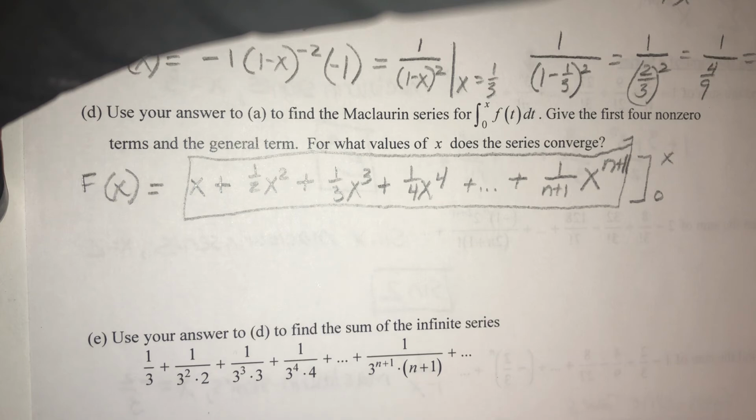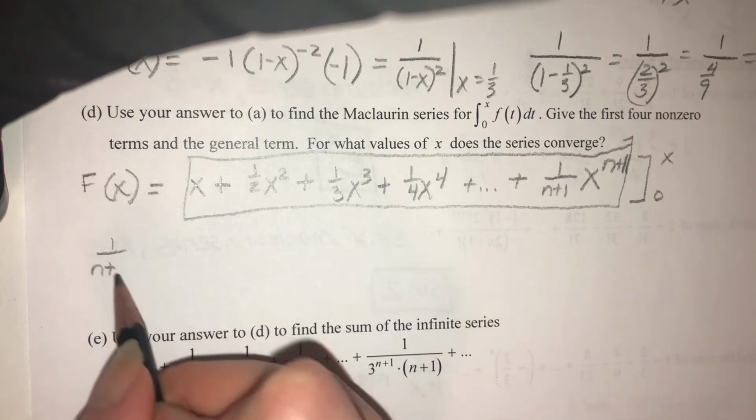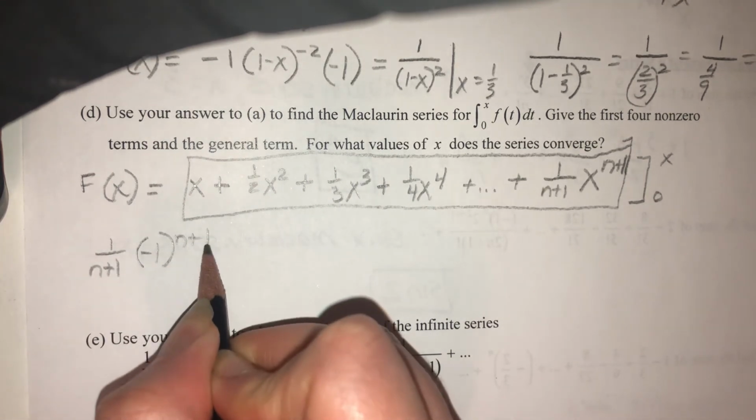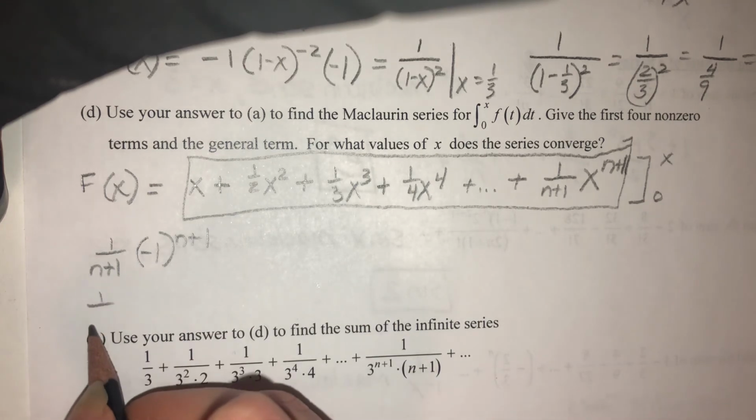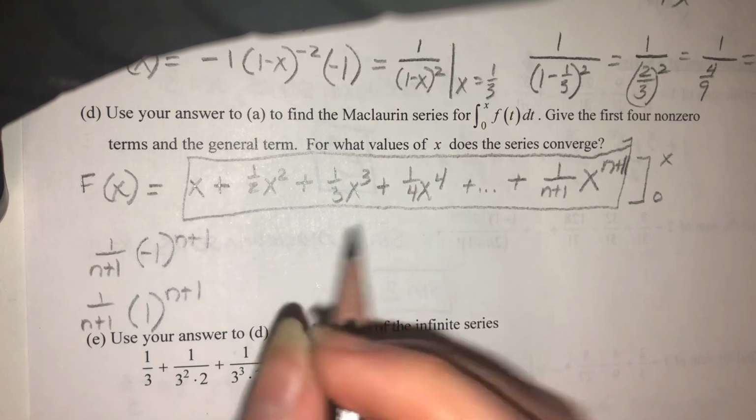Now, for what values of x does the series converge? We have to consider the endpoints. So we're going to substitute in a -1 and a +1 into our general term. So this will be -1 to the n plus 1. And this one will be 1 over n plus 1 times 1 to the n plus 1.